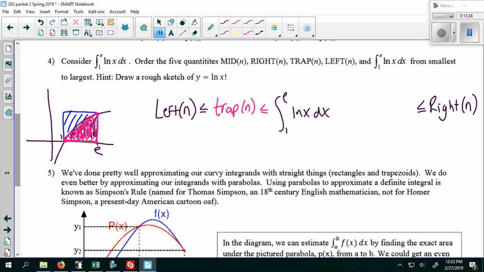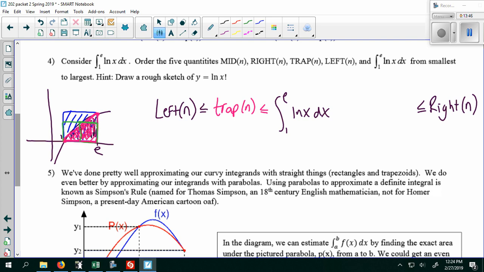And then I'm going to guess that mid goes on the other side, but let's just draw a picture of it. This is getting a little messy, but we'll do our best. So the interval from 1 to e, I'm going to go up to the height of the function at the midpoint and draw a rectangle.